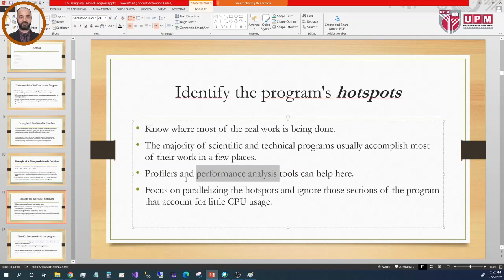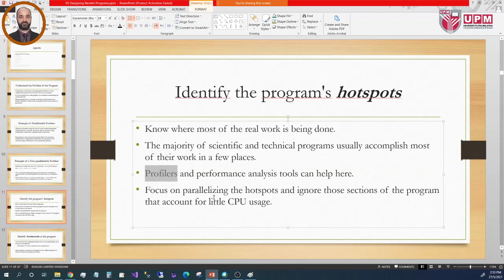Because the profilers could tell you how long function X takes, how long function Y takes, how long function Z takes, every time you run. Okay, there are a lot of profilers related to many technologies, many software, many applications. There are profilers related to network, to database, to applications. So you can find whatever you need, then you can use it.